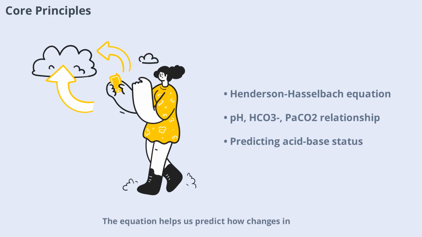The equation helps us predict how changes in bicarbonate or carbon dioxide will affect the blood's pH. Knowing this, we can identify whether a patient is experiencing acidosis or alkalosis, and whether the cause is respiratory or metabolic. Let's explore how this equation guides our interpretation and why it's so central to clinical practice.